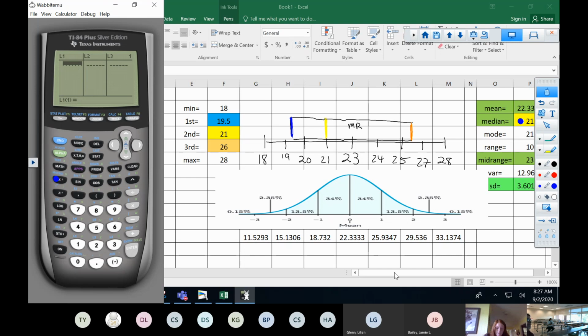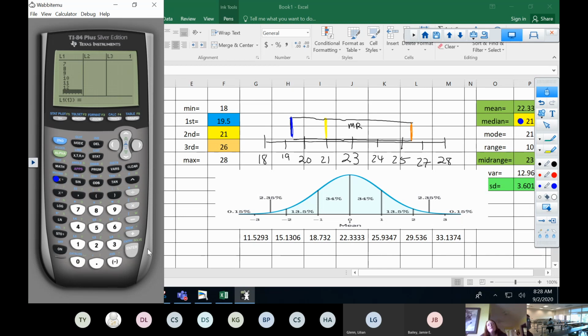And now we're going to type in 10 numbers. No, let's make it 12. I'm just going to type in 1, 2, 3, 4, 5, 6, 7, 8, 9, 10, 11, 12. Everybody with me?